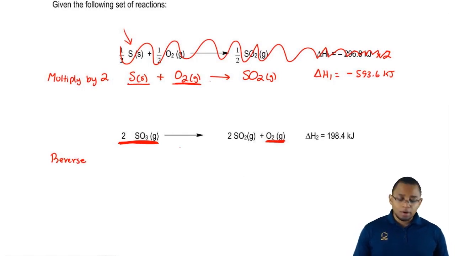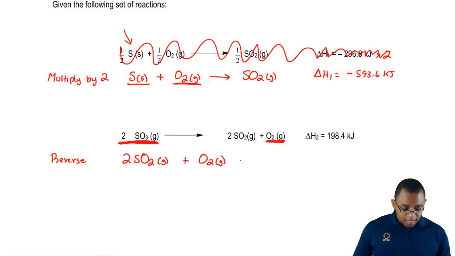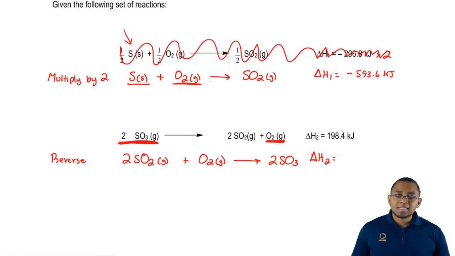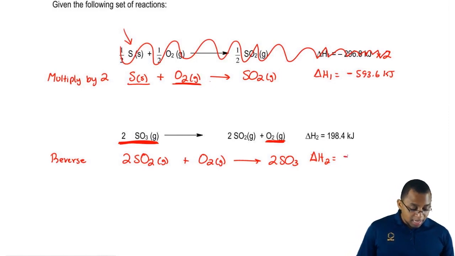So we're going to reverse the entire equation. My reactants now become products and my products become reactants. Everything gets reversed. And just realize this, anytime I reverse a reaction, that reverses the sign for delta H. So delta H was positive, now it becomes negative.